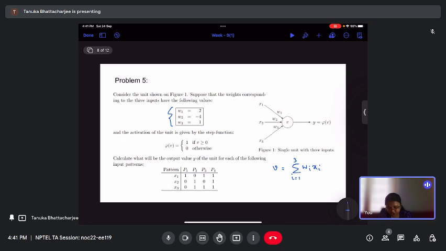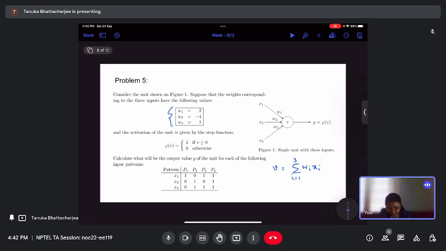And the activation of the unit is given by the step function. So, if your V value is greater than or equal to 0, your output will be 1, otherwise it will be 0.